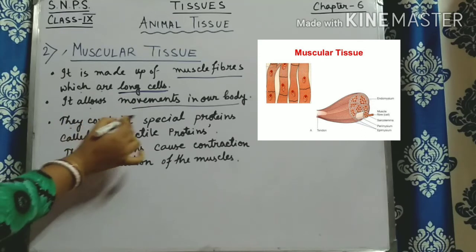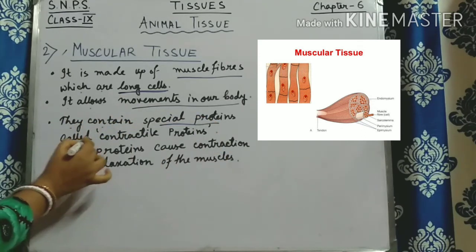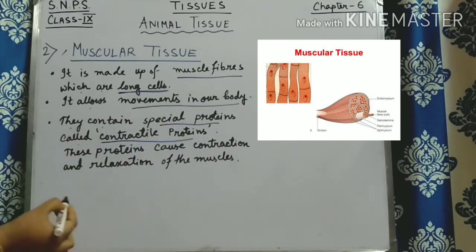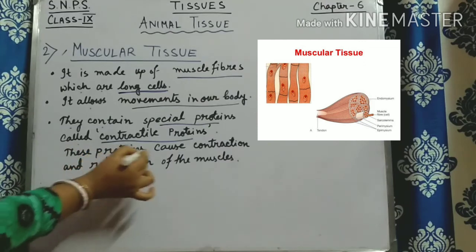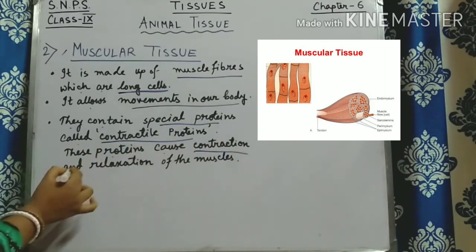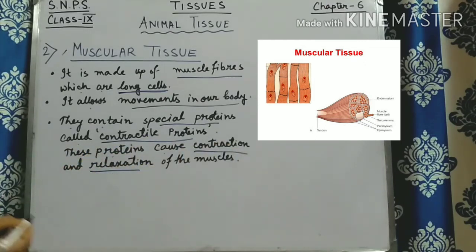They contain special proteins called contractile proteins. These proteins cause contraction and relaxation of the muscles.